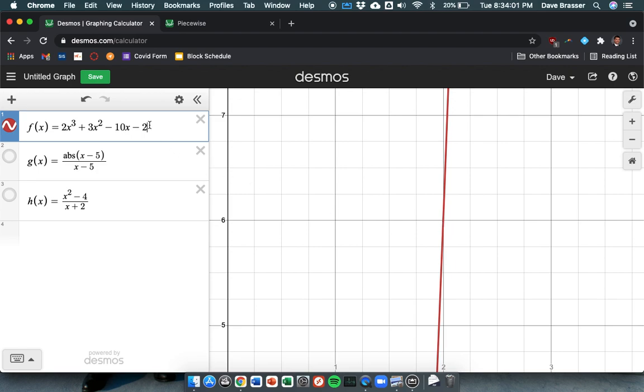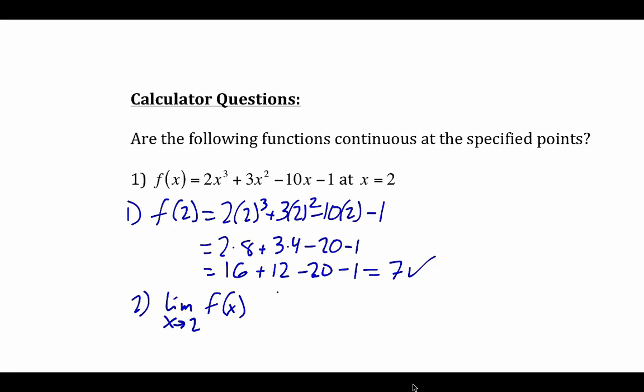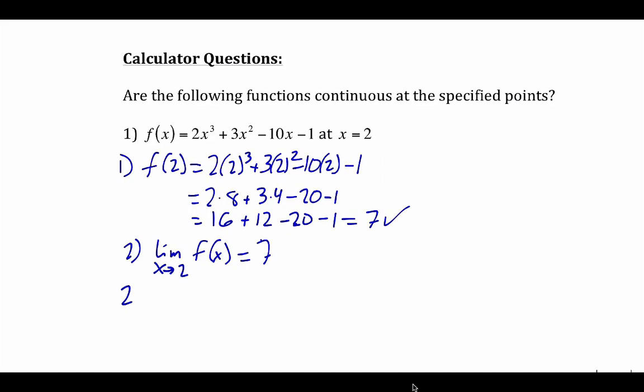6. Oh, no wonder. I have a typo in here. Let's fix that. So, looking at this, at x equals 2, we got y equals 7. So the limit as x approaches 2 of f of x, once I typed it correctly, is also 7. As a result, since f of 2 equals the limit as x approaches 2 of the function, that's a check mark.